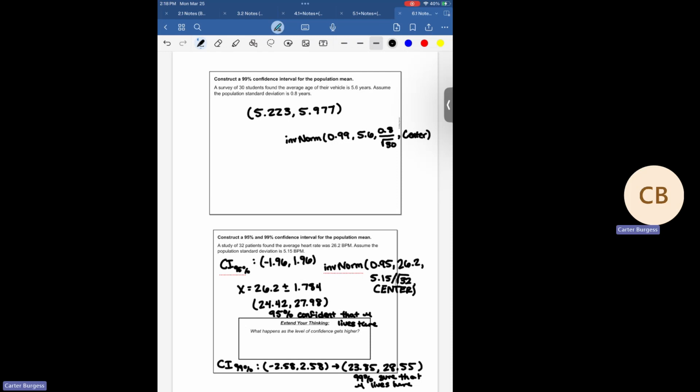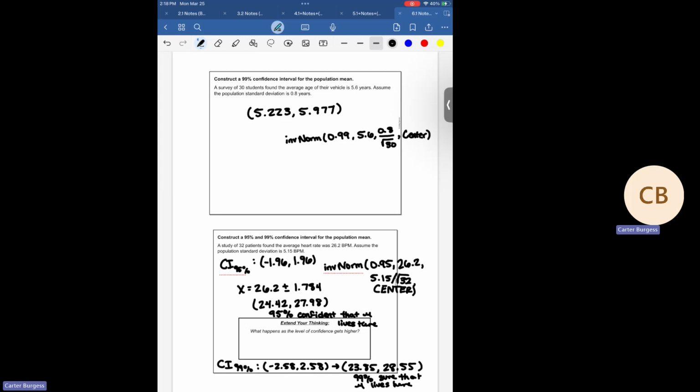All right, questions with our confidence intervals. And then it will be the population standard deviation divided by the square root of n.